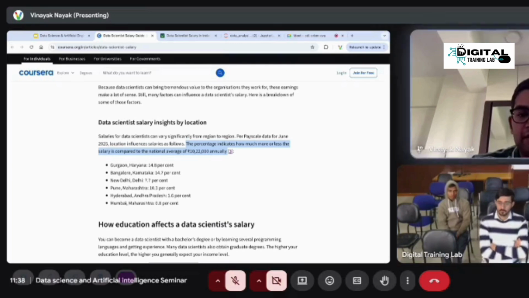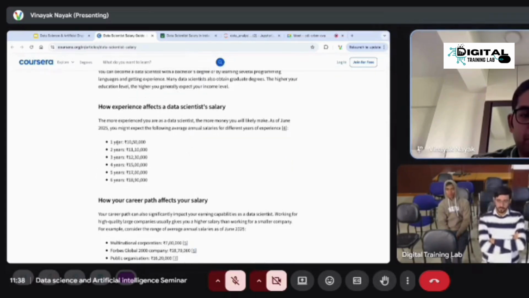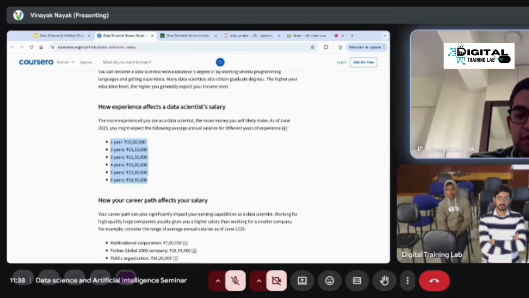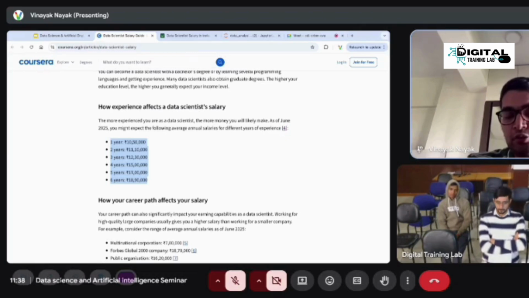So the average national salary is around this, and then as you progress, you are seeing a steady growth in the numbers. This is just based on the historical data of the field as it has evolved in the last 5-10 years. Now, what I would like to tell you is these numbers are median.